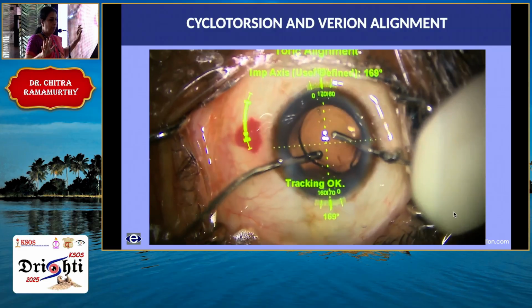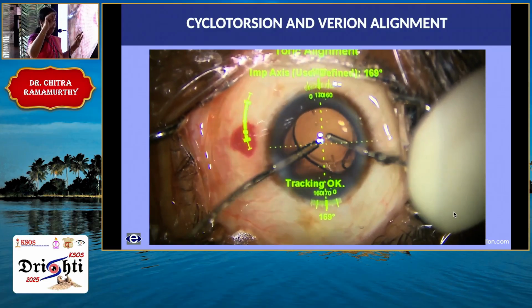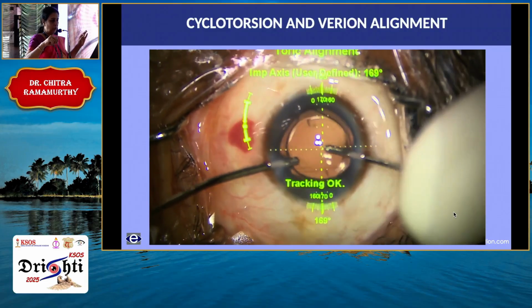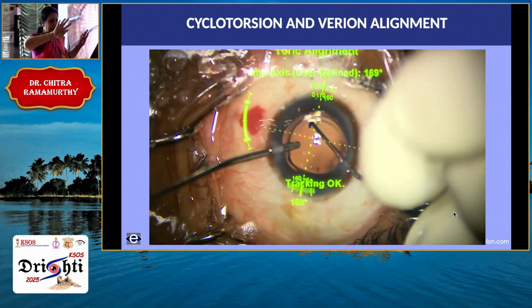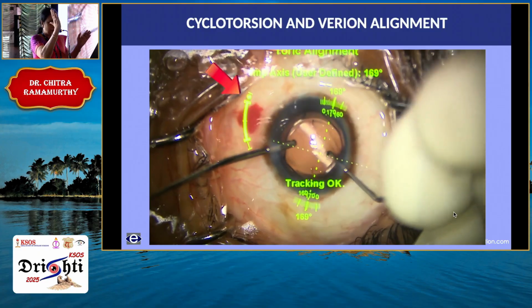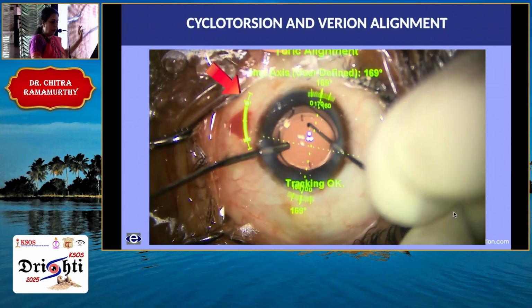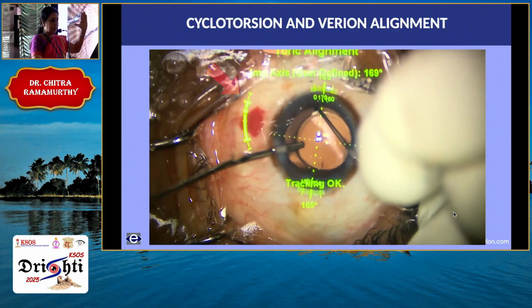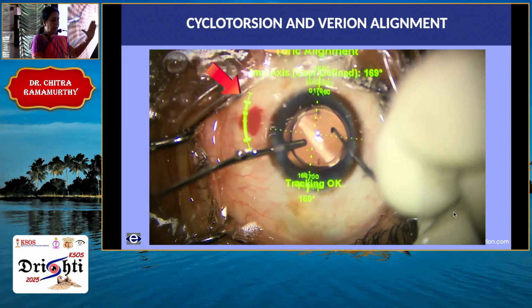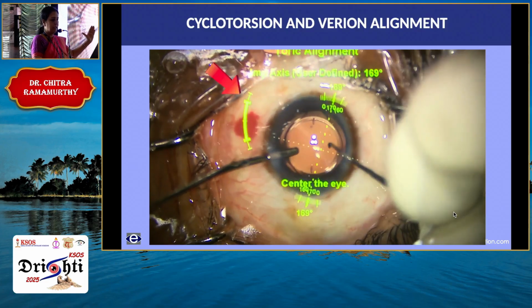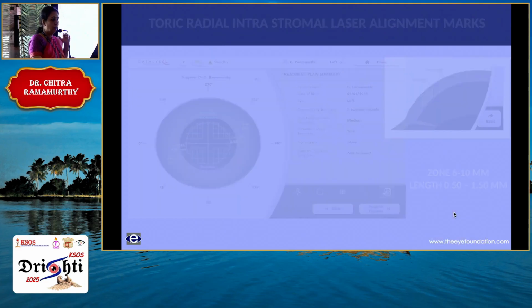So after removing all the viscoelastic, you have those marks on the IOL. You have to rotate it and align it so that the dotted line overlays that line. But if that bulb comes to the center of that arc, that further confirms that the cyclorotation compensation is complete, and now you are at a near ideal situation, and then you can remove your speculum.